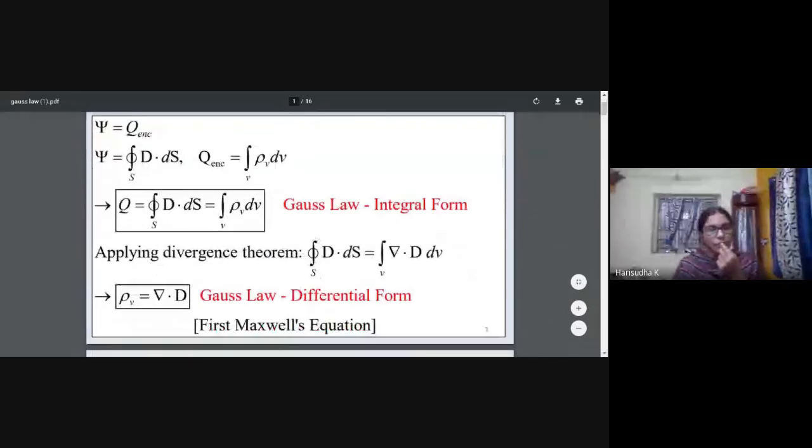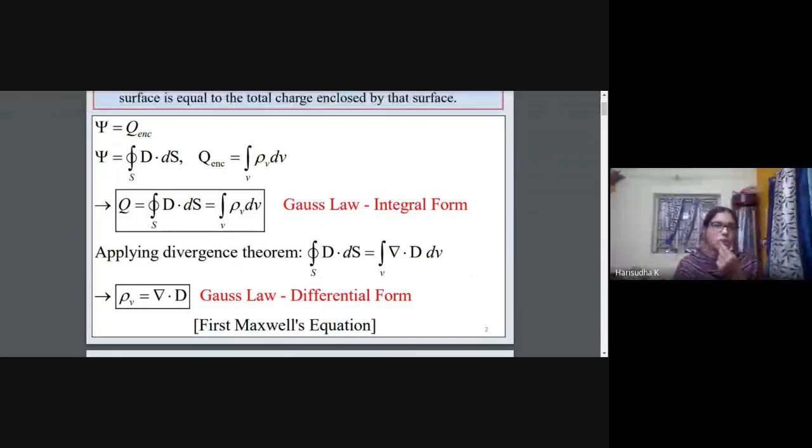Applying the divergence theorem, the surface integral can be converted into the volume integral. So closed surface integral D dot ds will be equal to the volume integral of del dot D dv.